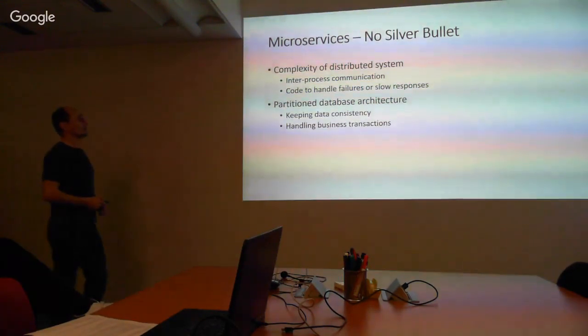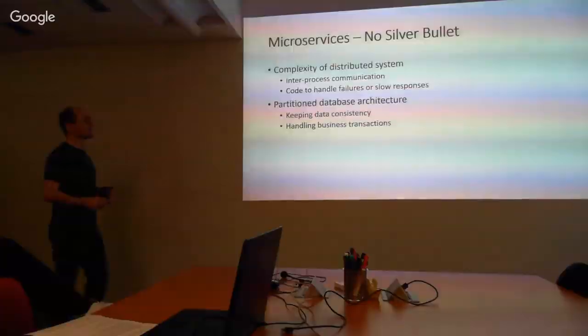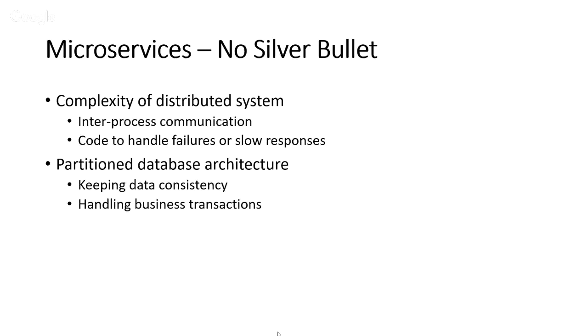Another big problem, which might not be apparent at the beginning, is that because every microservice has its own data, you will have to take care of data consistency. If you have one central database, you don't care too much because you use the database transaction. So the database is your friend, which will take care of it. And it's so easy to use that you forget that you have to keep the data consistent if you don't have a database.